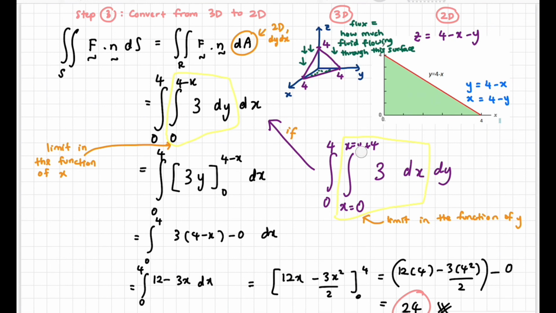Here x goes to 4 minus y. You can do the integration with respect to x first, and then with respect to y. In this case, your limit of y is from 0 to 4. Both of these will give you the final answer 24.